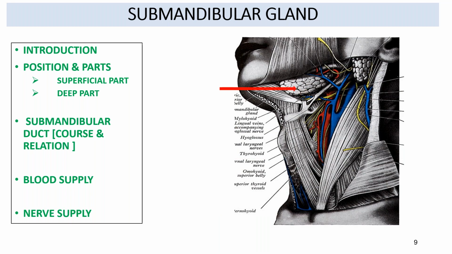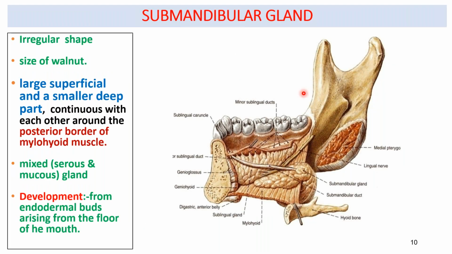So this is the submandibular gland. This picture shows the inner aspect of one half of the mandible. Here we can appreciate the location of the submandibular gland, and we can see its shape. It is irregular in shape and almost of walnut size.